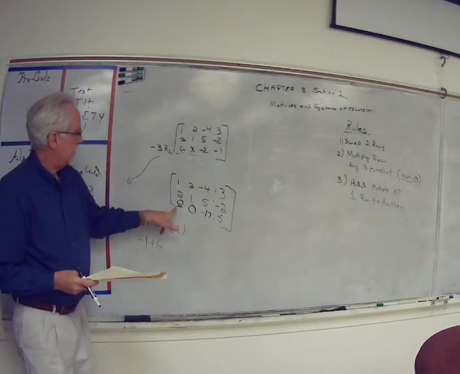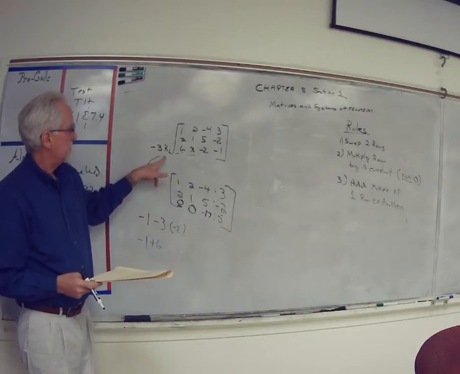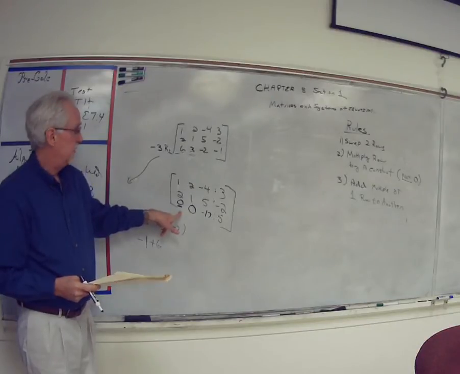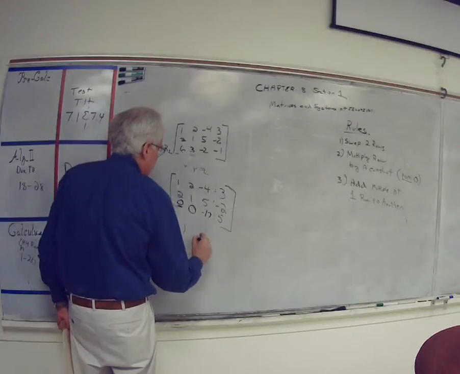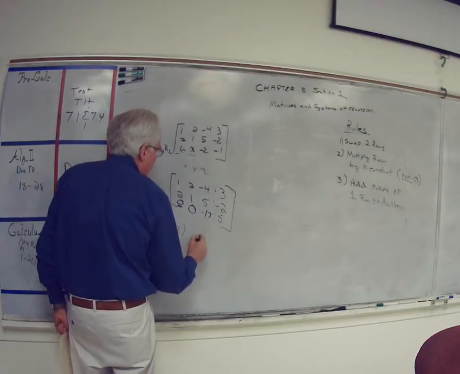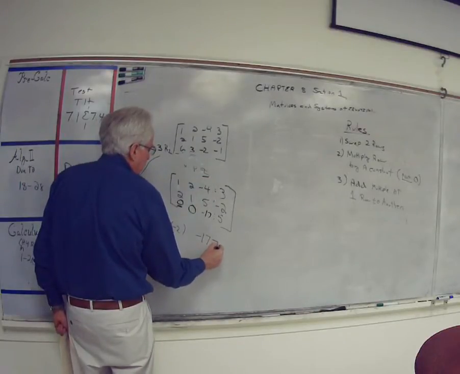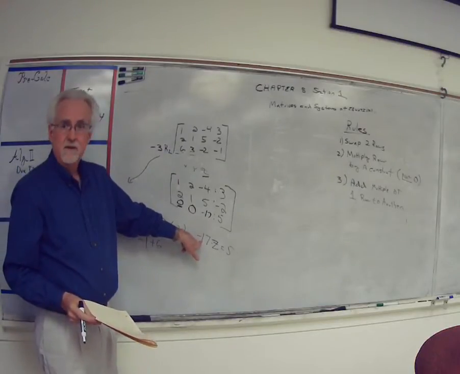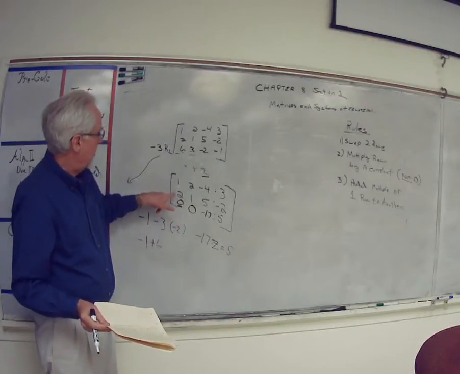Since I have a 0 and a 0, do you see this wasn't just a random thing? I got rid of two variables out of this equation. If this was x, y, and z, you could say now that minus 17 times z equals 5. So I just solved for z. Now if I go in, I would want to eliminate one more.